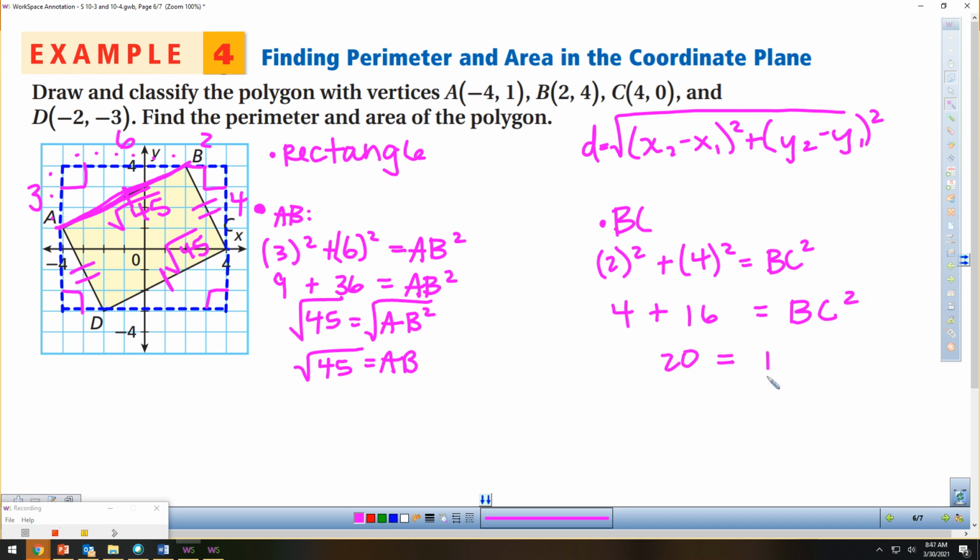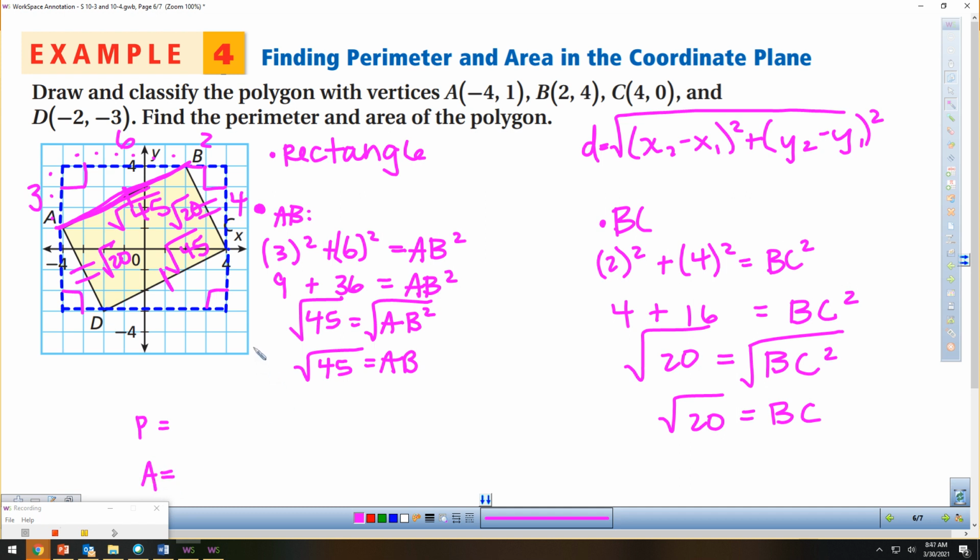So 20 equals BC squared. You square root both sides, and you get that the length of BC is equal to the square root of 20. And again, because opposite sides are congruent, now I know the distance between all my points. So now I can find my perimeter, and I can find my area.